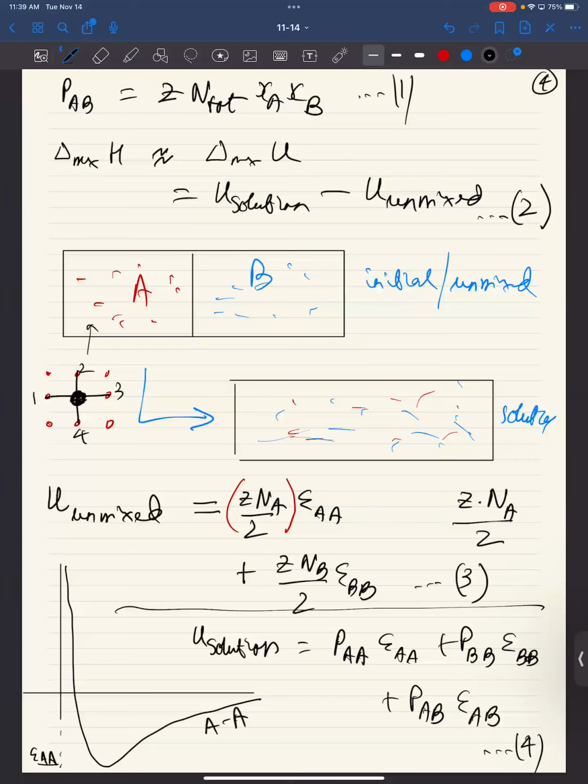So we have to write down an equation connecting PAA with PAB, okay? And that equation is the most subtle argument in this derivation. That is the one where students get confused. If you understand that, everything else is very easy. So I'm going to turn the page.